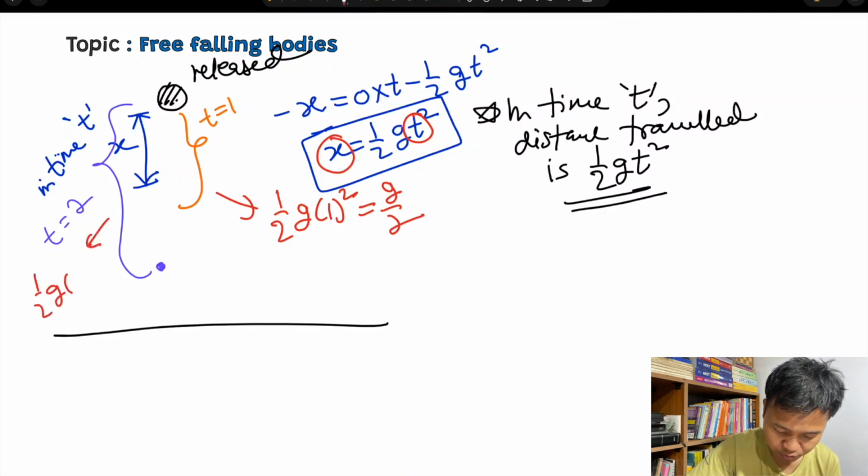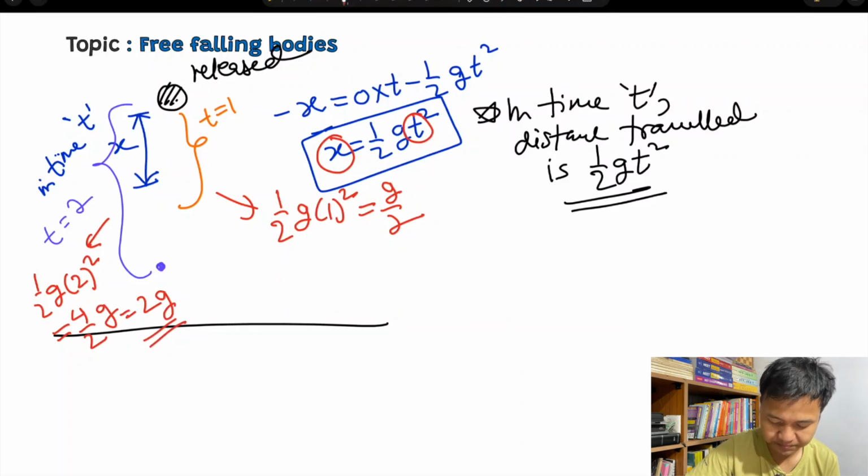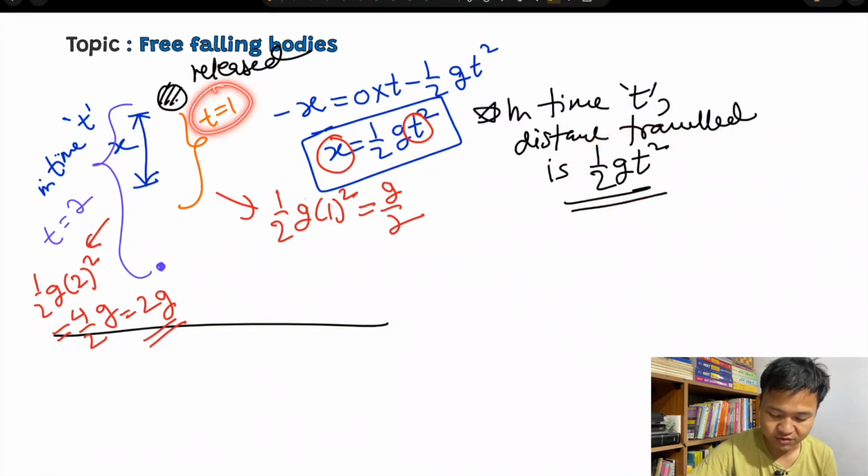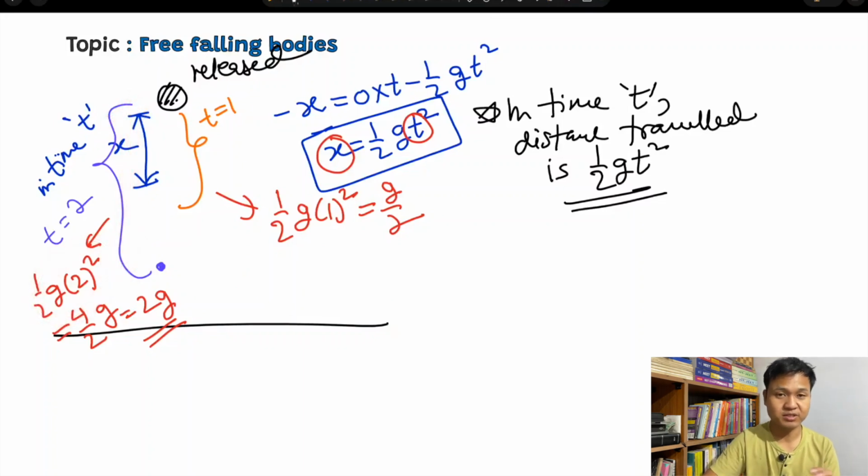Half z into 2 square, that means 4 by 2 into z, so that is 2z. So in time t, the distance traveled is half zt square. After 1 second the distance covered is half z into 1 square, and after 2 seconds it is half z into 2 square. So that is one additional point.